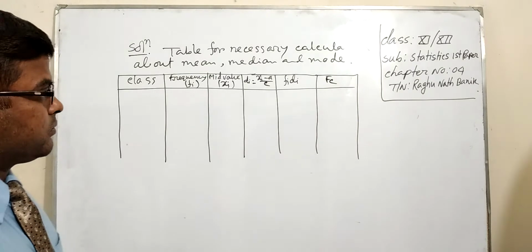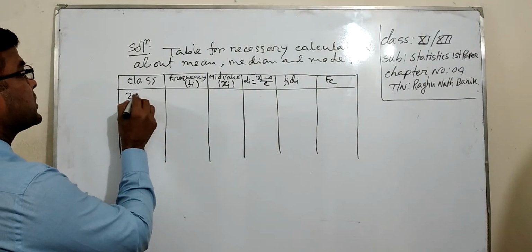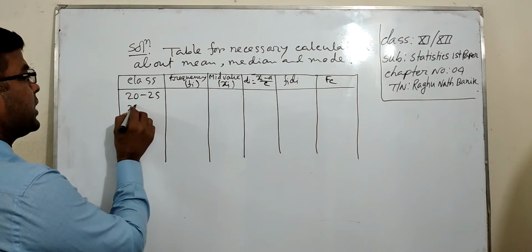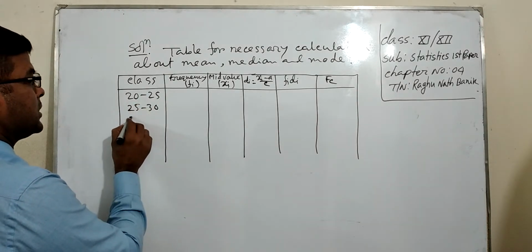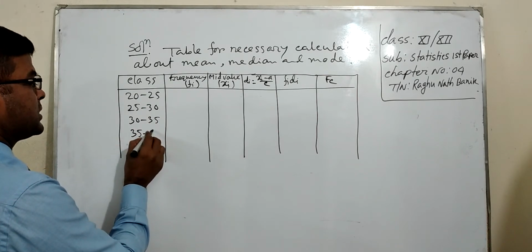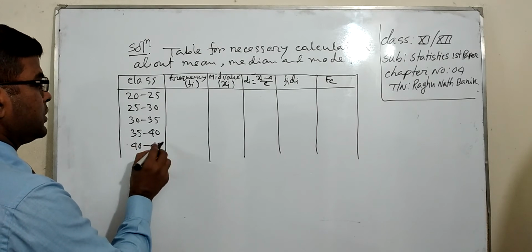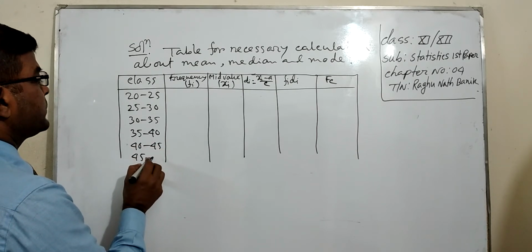Classes: 20 to 25, 25 to 30, 30 to 35, 35 to 40, 40 to 45, and 45 to 50.